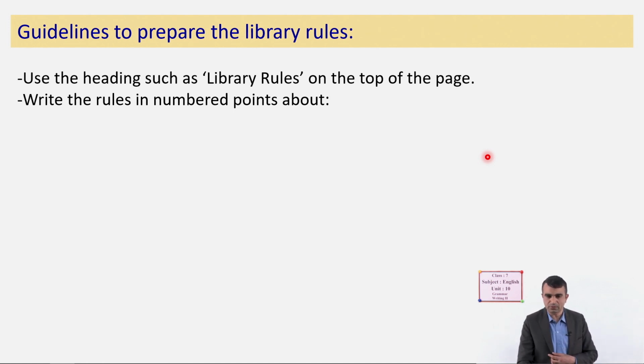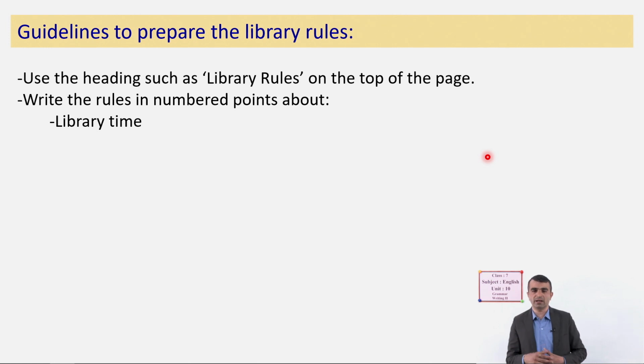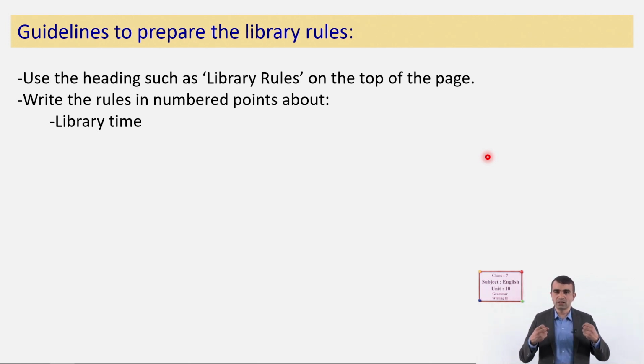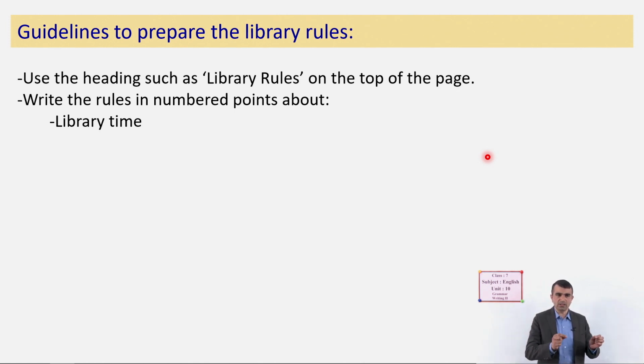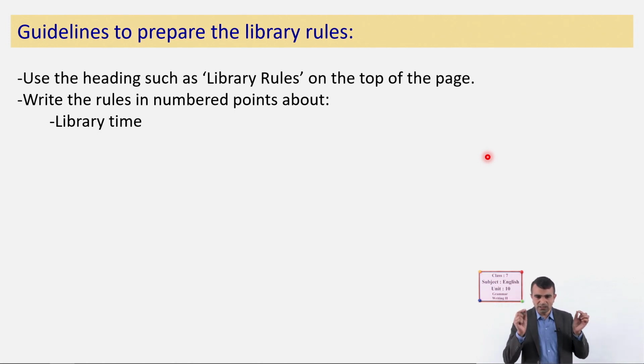Number 1, you can write about library time. What time you are allowed to go to the library, or how long the library remains open. Library remains open from this time to that time. So think about it and write one rule.